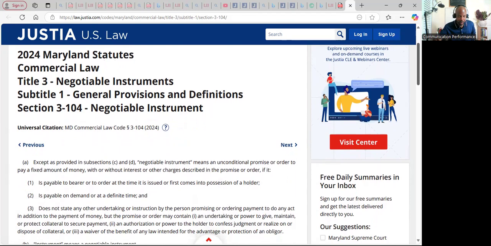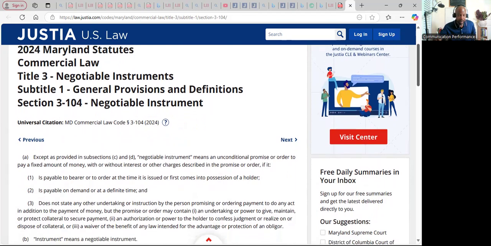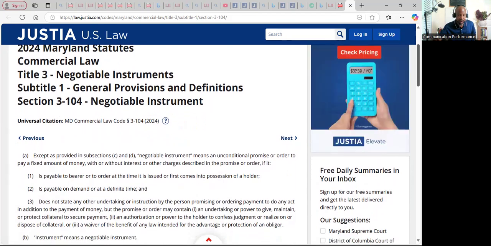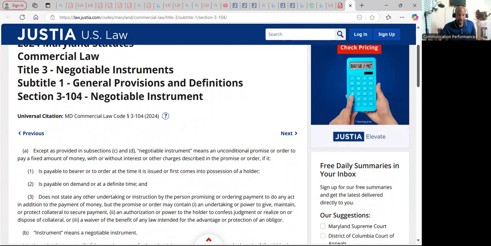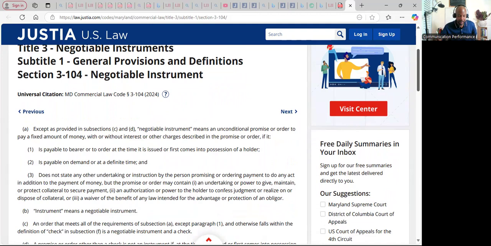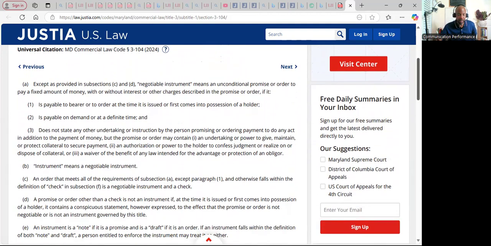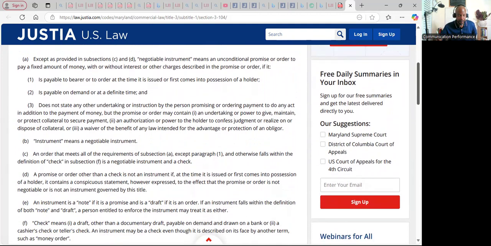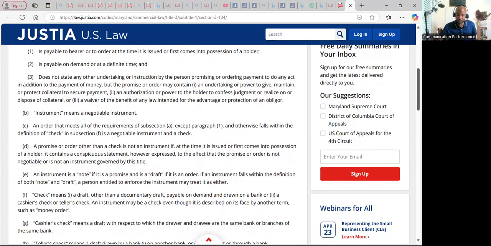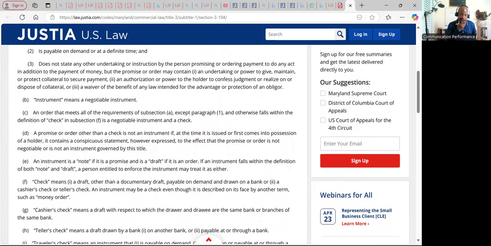Now this is 3-104. This is where it talks about negotiable instruments. And as I've said, these codes, the state of Maryland Uniform Commercial Code, or it's also referred to as the commercial law, is comparable to your state's Uniform Commercial Code or commercial law, right?